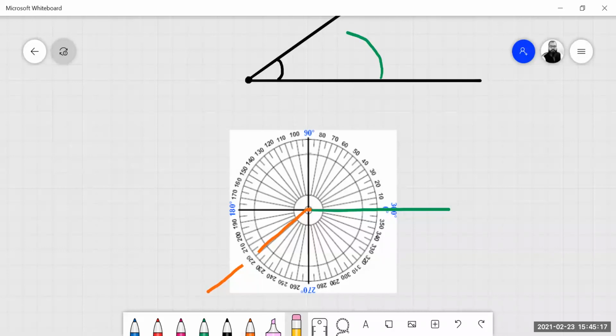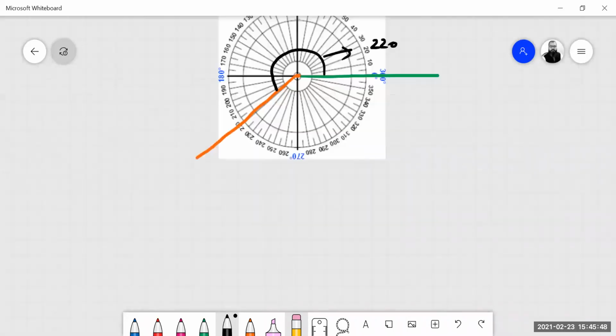Now you can see. 220. Yes, 220 from here to here. From here to here, it is 180, 220. Okay.